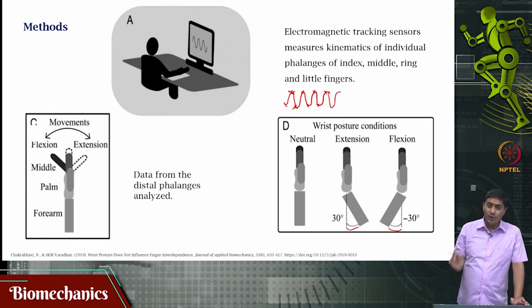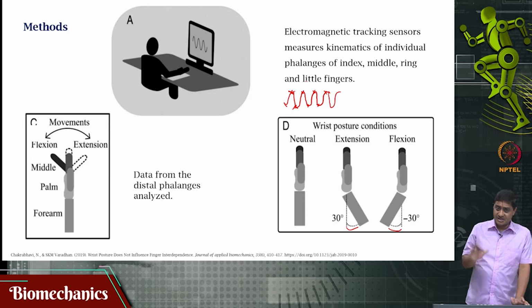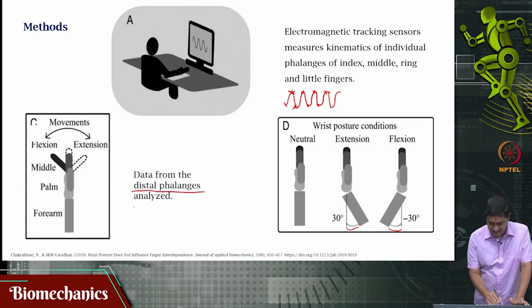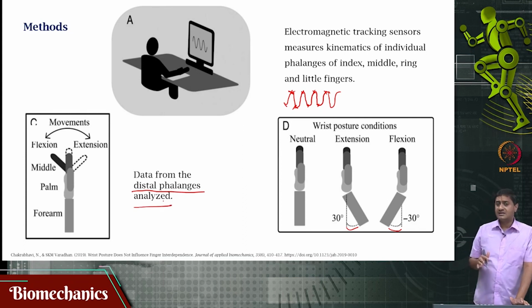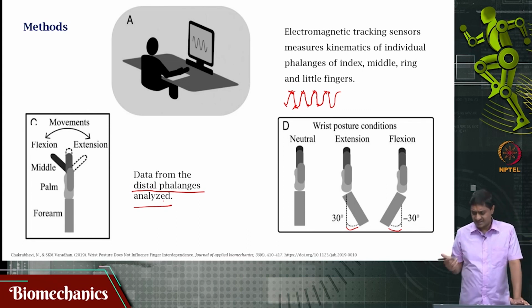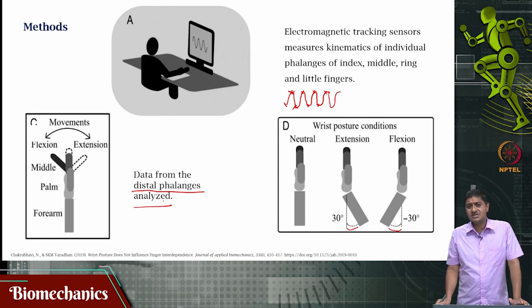We only took, for the purpose of this study, the data from the distal phalanges and analyzed. The data from the other segments of the fingers were not analyzed for the purpose of this study, because here we are only addressing how the individuation, stationarity and enslavement indices change as a function of wrist posture.